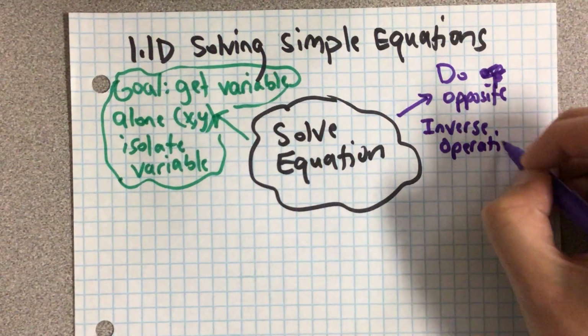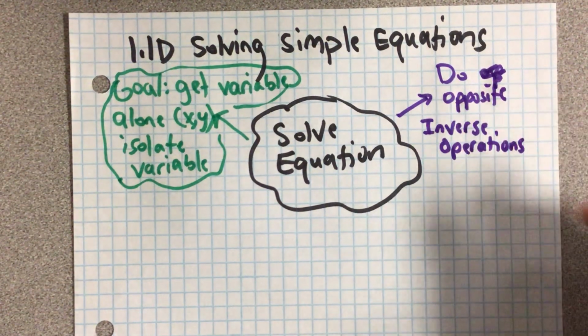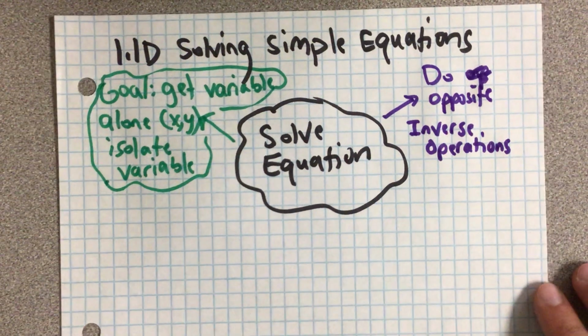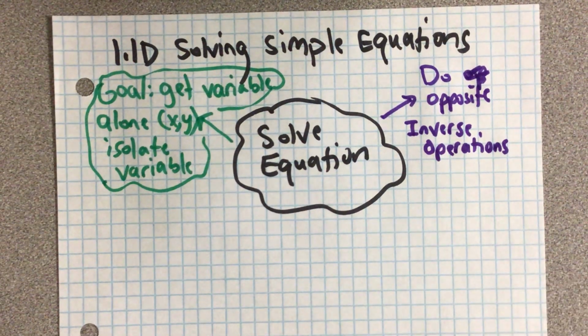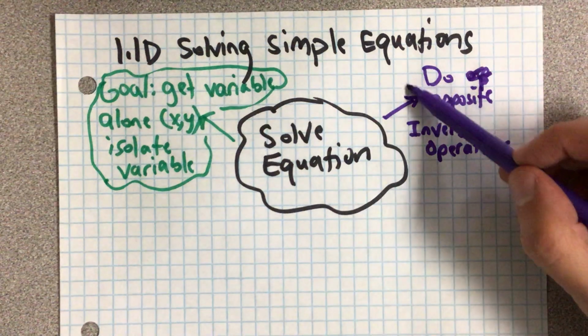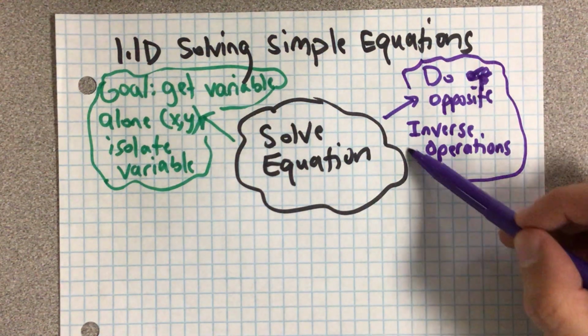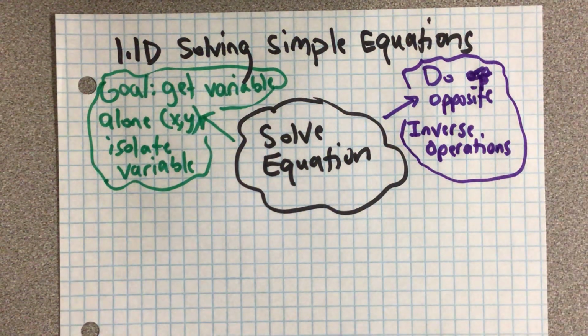When I'm talking about inverse operations, what I'm referring to is addition and subtraction are opposites. So if you have something that's being added, you want to subtract it. Likewise, multiplication and division are opposites. If you have something divided, you want to multiply to get rid of it.